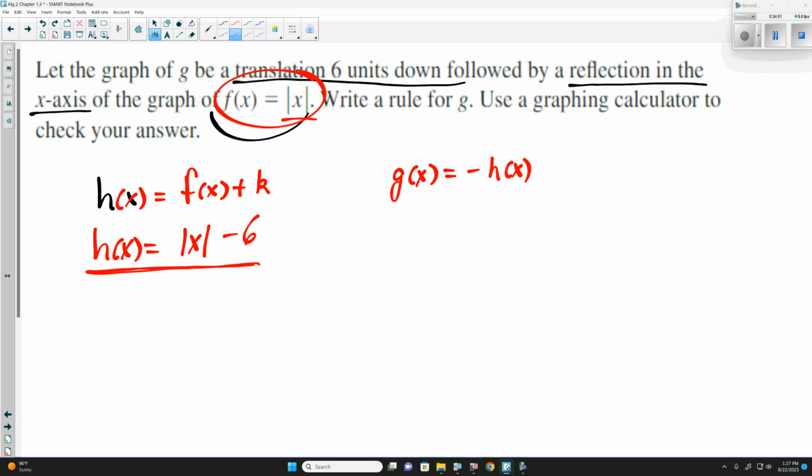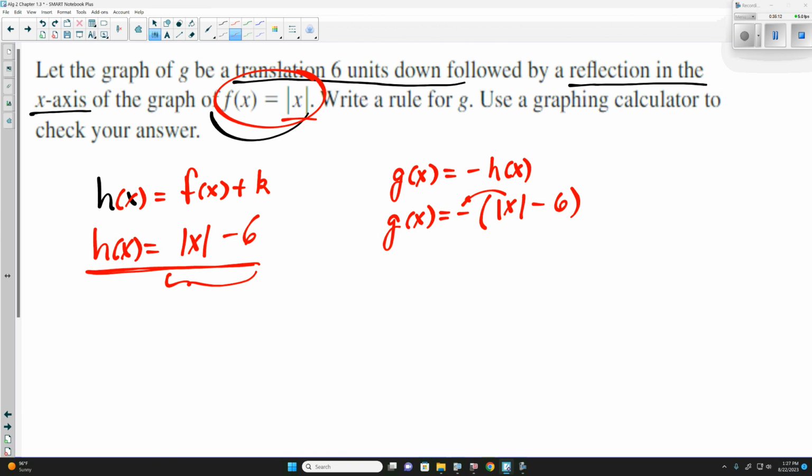So we have negative. So what is h of x? So we put the absolute value of x minus 6. Almost, we do have to distribute that negative. Oh yeah, I did 6.